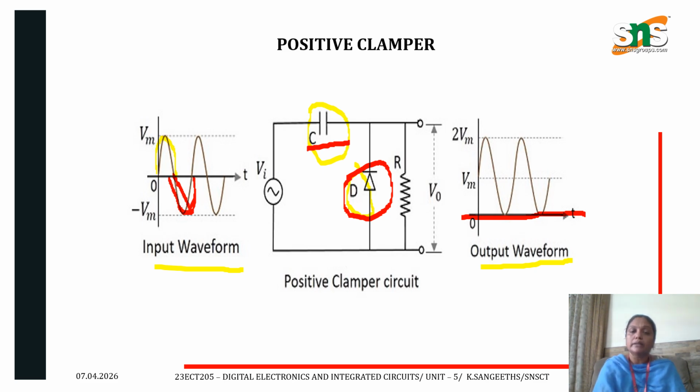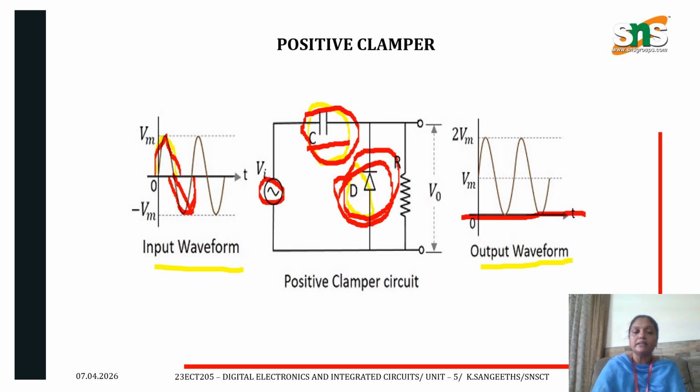After the capacitor is fully charged, it stores the energy. And during the positive half cycle, the diode is off, and this time the stored energy in the capacitor is added to the input.